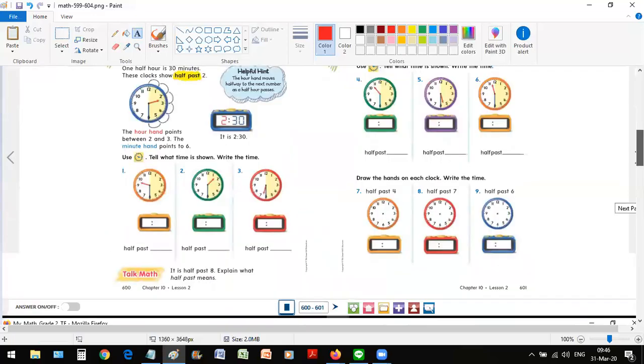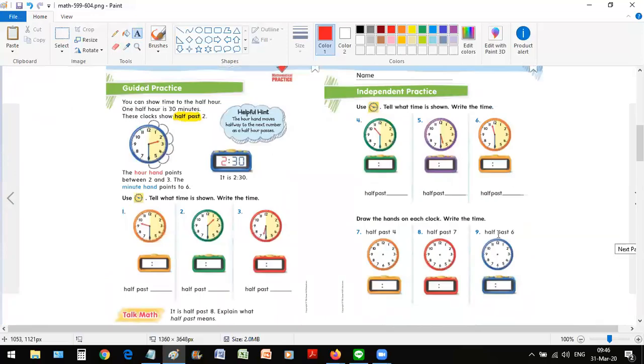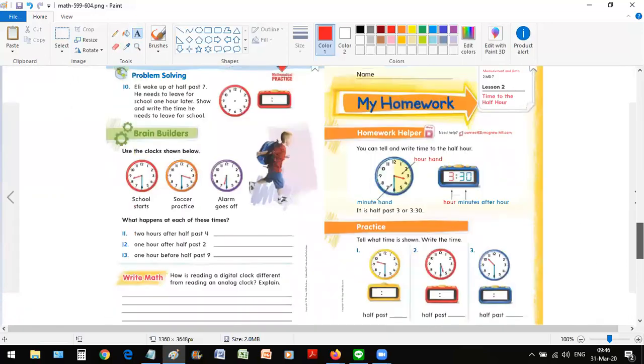And you can see on page 601, there are 6 more to do. And then page 602, there is a couple more there. You need to read it and just find the time that needs to be put in and draw the hands of the analog clock and write the numbers into the digital clock.